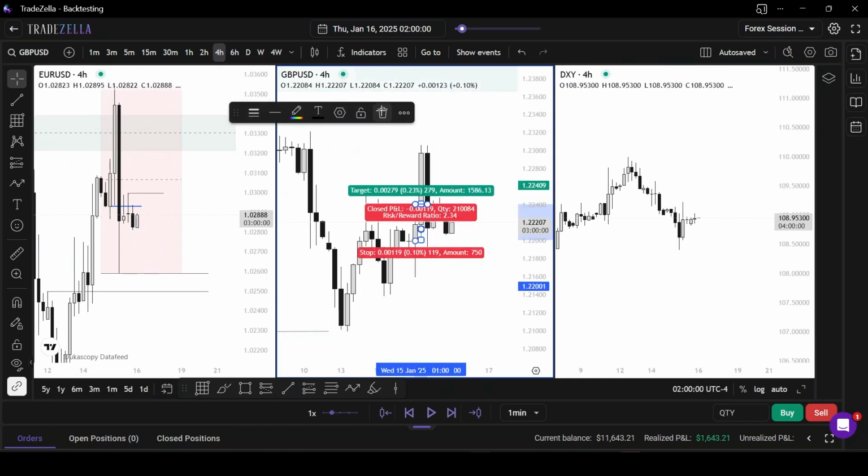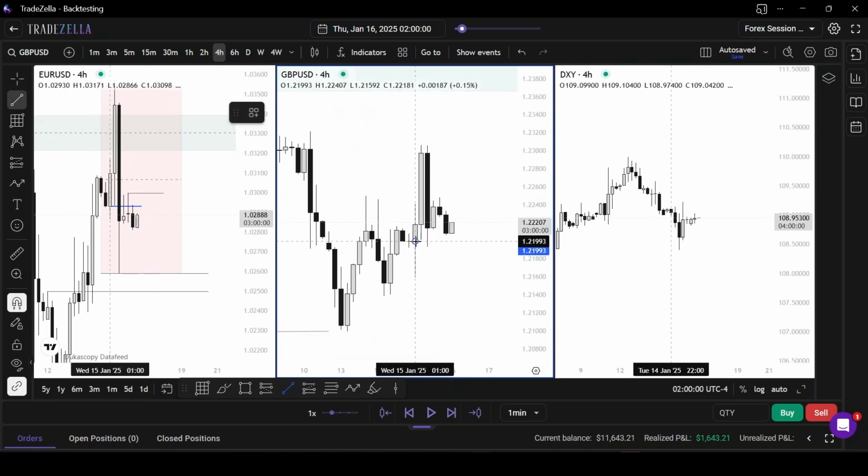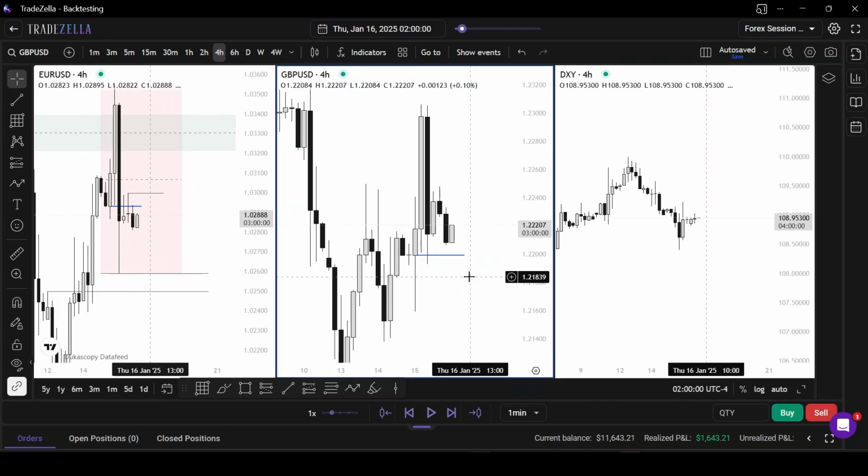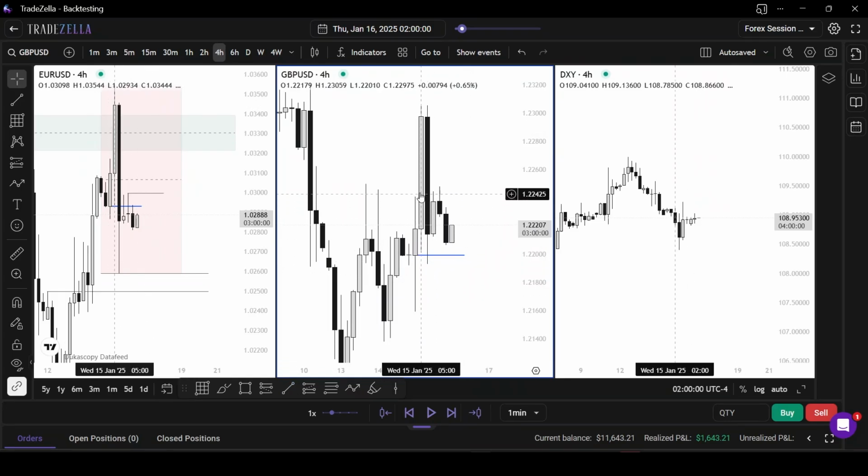Let me take this away. You can see that we failed to close below this series of off-close candles on GBP USD. We CSD this candle, but on this pair, we did not CSD.